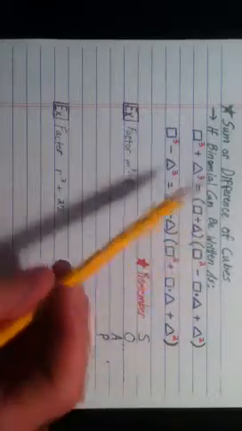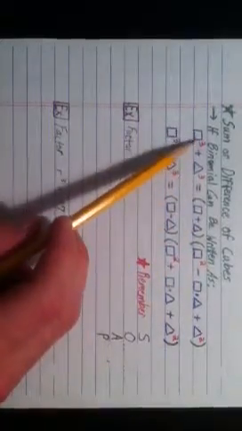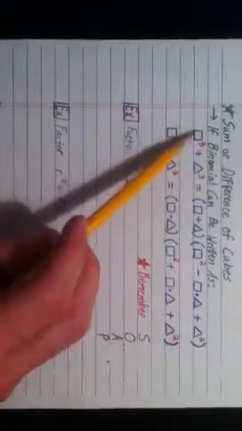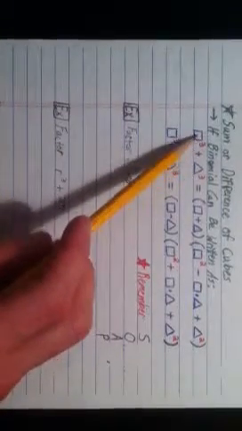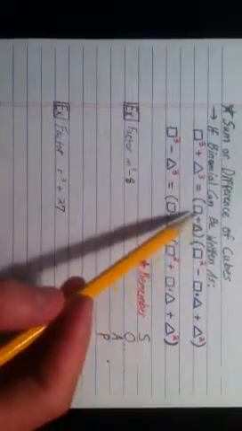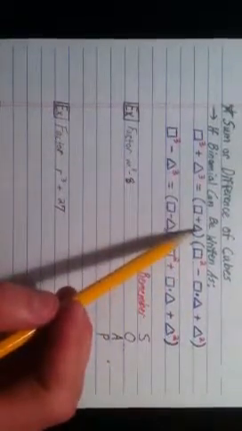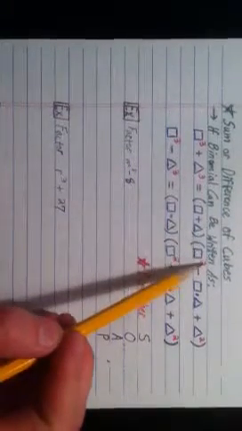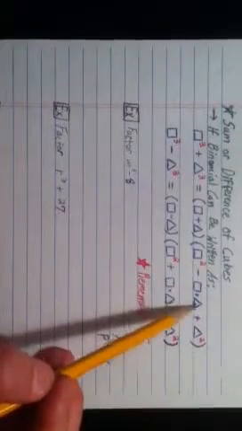So how it works, I have these two kind of crazy looking formulas. If you have two terms, and the first term is something you can write as cubed plus something else cubed, then it factors into the sum of those two things, multiplied by the first term squared minus the product of those two things, plus the second term squared.